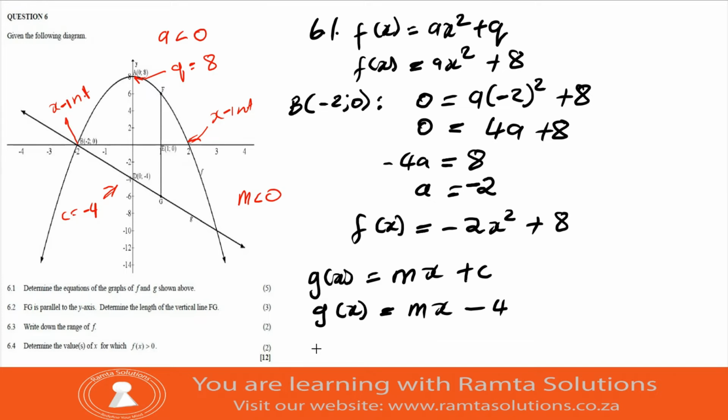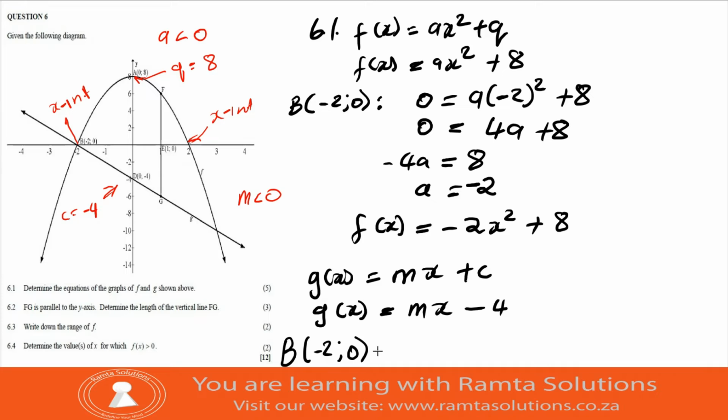Again, a point that g of x passes through, other than the y-intercept, is point B. Remember, I'm saying other than the y-intercept is point B. If you use the y-intercept, you will find that your gradient is 0, and that is not true. So point B has coordinates (-2; 0).